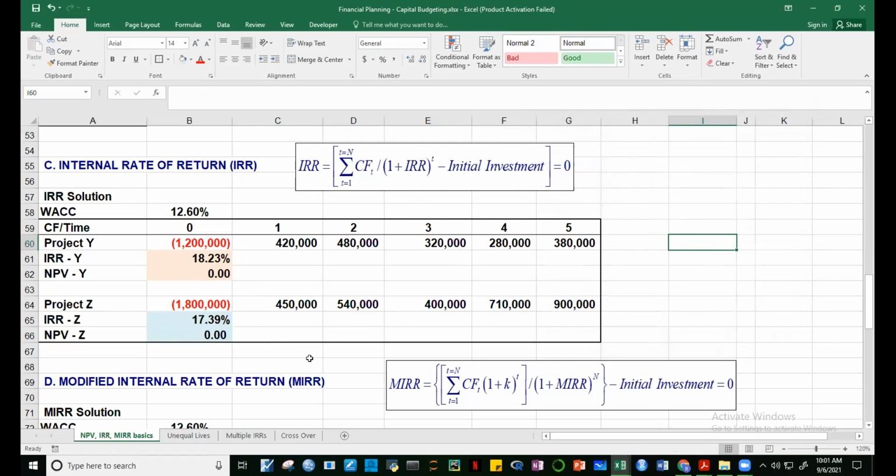Paki-chat nga guys kung natapos yun na pareho. You were able to compute for the IRR of Y and the NPV of Y, NPV at IRR. Ibig sabihin, ang rate na gagamitin natin yung IRR.